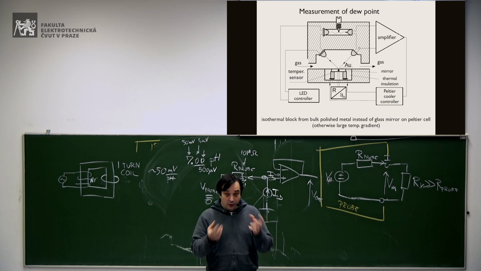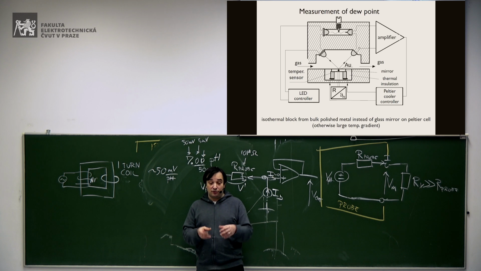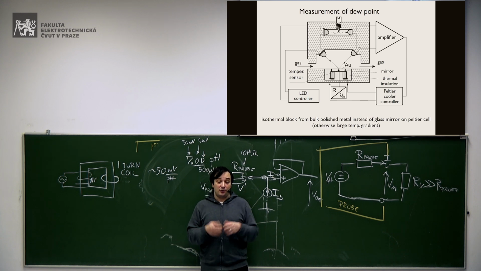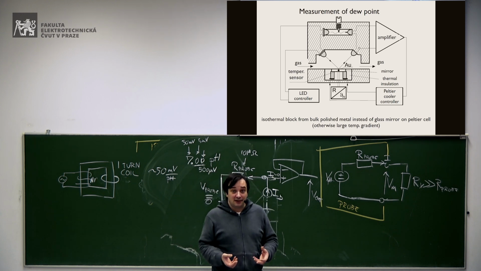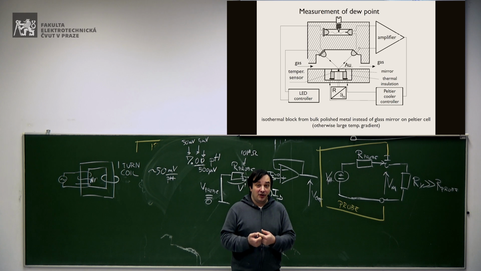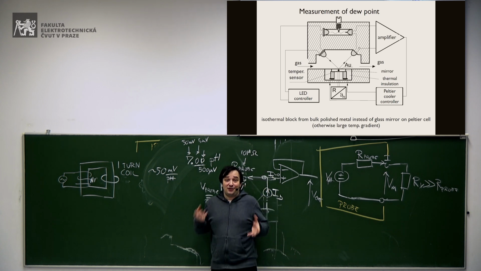But when you cool down the mirror to the temperature where you create dew, then the mirror will be covered by the dew, so it will not reflect anymore, and the detector will not receive the light anymore, because the mirror, in fact, is not a mirror anymore.